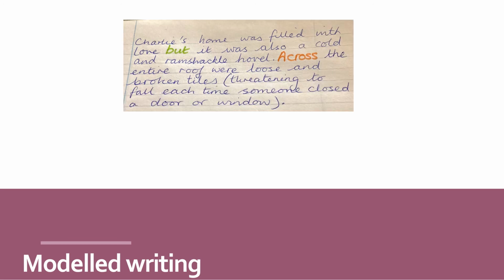So I put some parentheses in, some aside, threatening to fall each time someone closed a door or window. Now what I'm doing by adding that piece of information is just allowing the reader to imagine the teetering effect of those tiles that are broken and loose on the edge, almost danger for the reader, imagining they're going through and could possibly be hit by one of them.